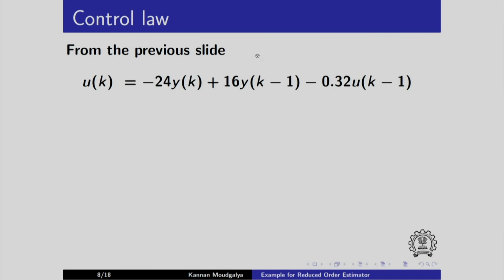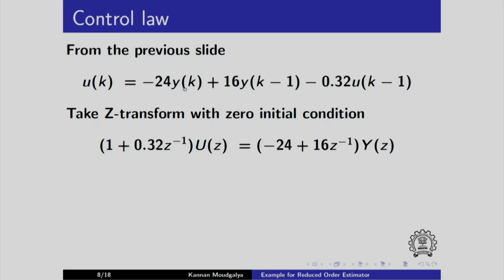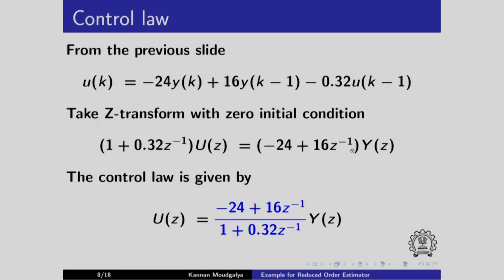This is the control law. Let us take the Z transform with 0 initial condition. So I get this 0.32 coming here to the left hand side. On the right hand side I have this. So when I take it to the right hand side, I get this control law.